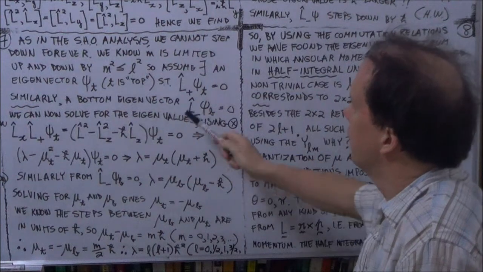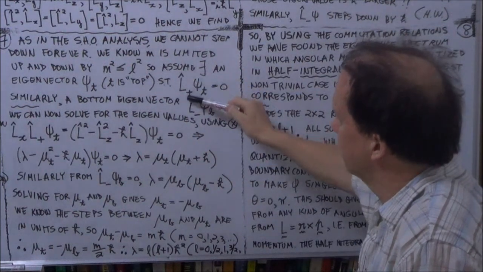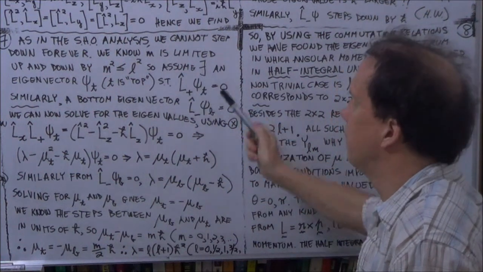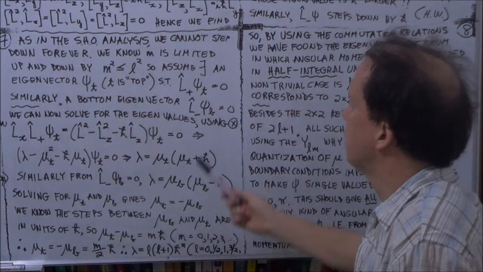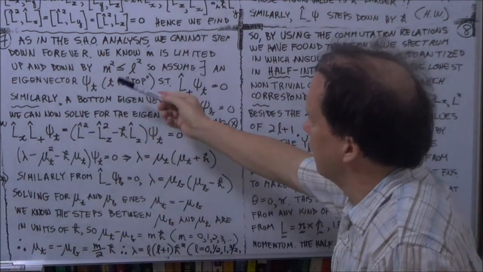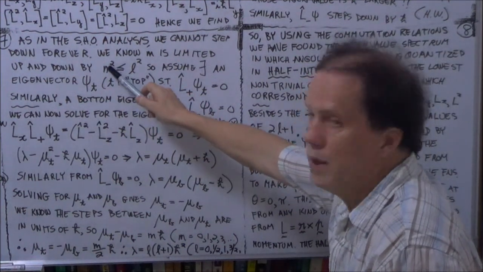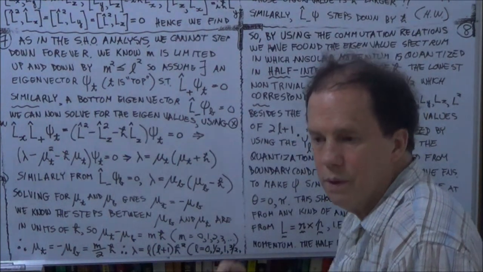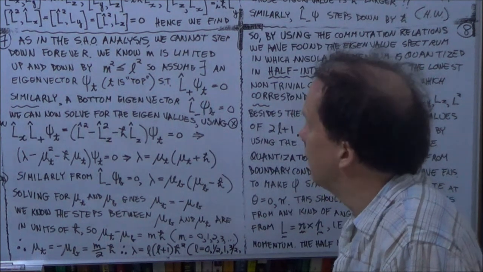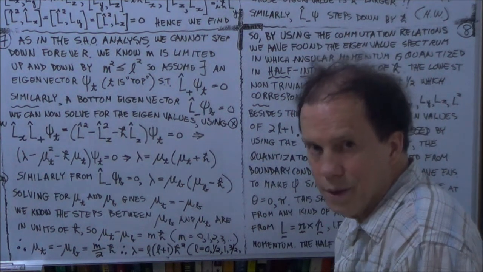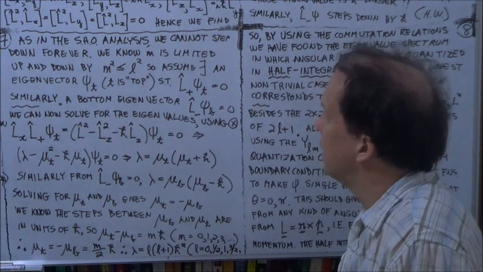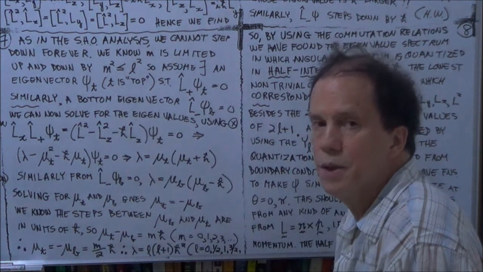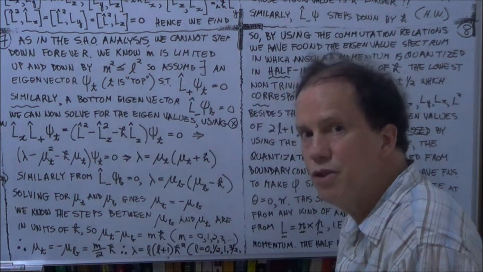So psi t, for top, is such that if you apply the step up or raising operator to it, you get nothing. And with similar logic, this is m squared, so there is a minimum m. We found before it was minus L, so because of the square of it, negative m is also constrained. It cannot go down too far.